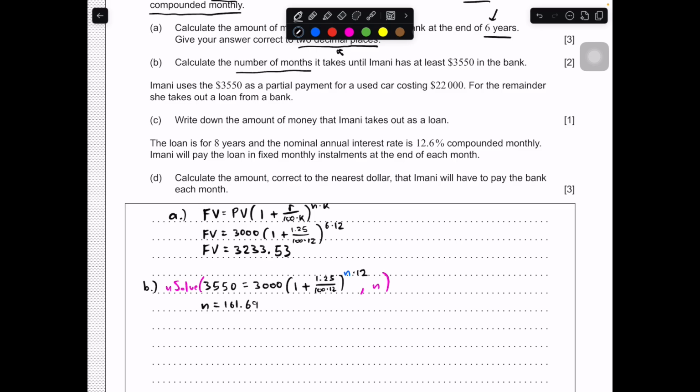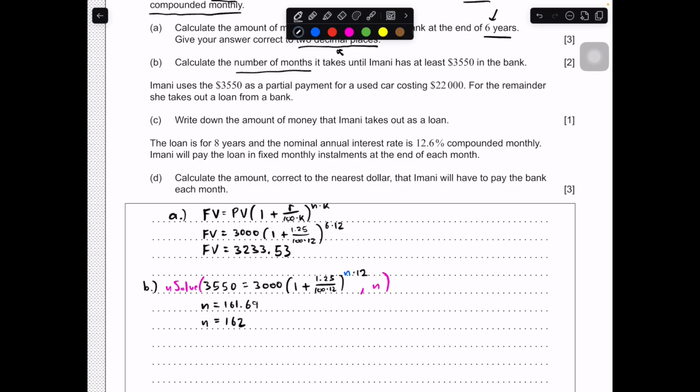After roughly 0.7, so maybe 22 days in the month, we have it, but the bank hasn't paid us interest yet. It's not until the 162nd month that we have the total amount that we want in the account. So I think that's a better answer, actually. 162 months. All right. Let's go on.